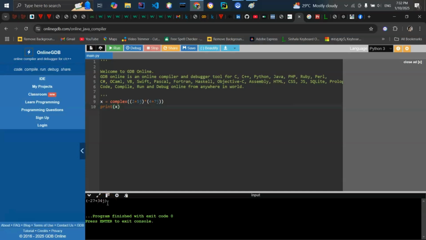Show our answer. In adding two complex numbers, you can see this is the output.